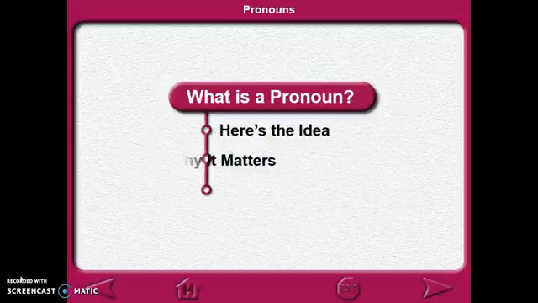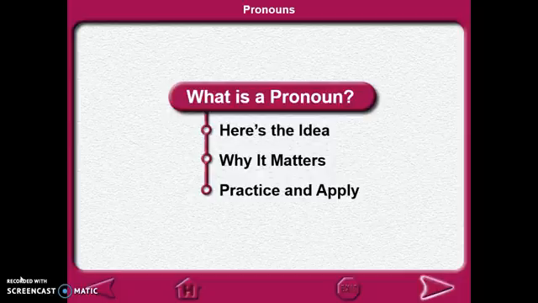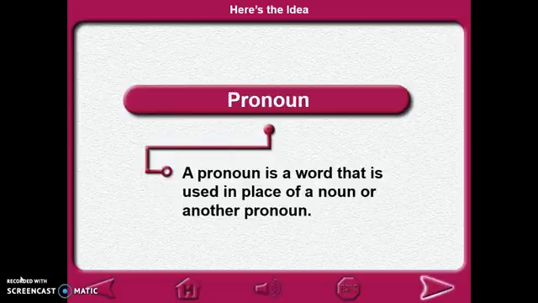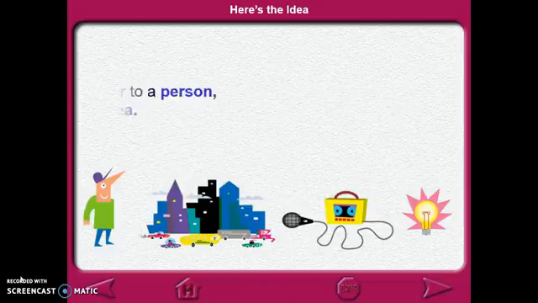Okay, so first of all, we look at this idea of what is a pronoun. We're going to look at it from three different aspects: the idea of it, why it matters, and then we're going to practice, and then we're going to do the same thing with antecedents. Okay, so the first thing is a pronoun is a word that is used in place of a noun or another pronoun. So it replaces it, like Mrs. Kirkman, the person's name, the building, the idea of the school.